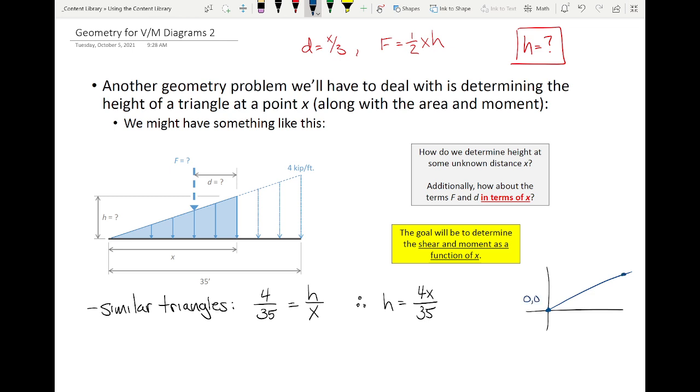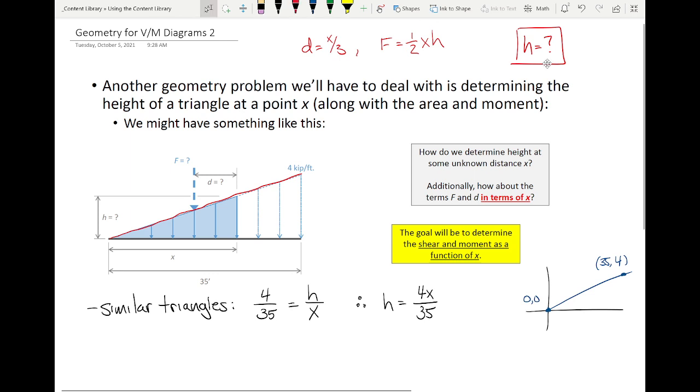And if I put in x equals 35, what's the y distance? 4. Doesn't that match this red line right here? 0, 0, 35, 4. Isn't that just the equation of this line? So would you agree with me that this represents the height of that triangle? Make sense?